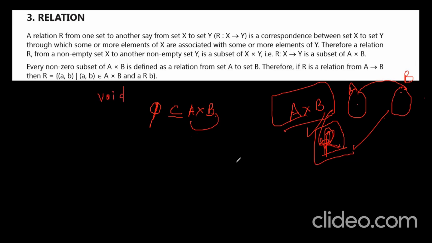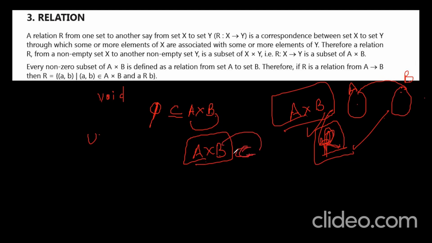Very good. Next, one more important thing is the universal relation. What is the universal relation? A × B is a subset of itself, right? No doubt, any set is a subset of itself. We studied that. So here I am taking A × B, which is a subset of itself.